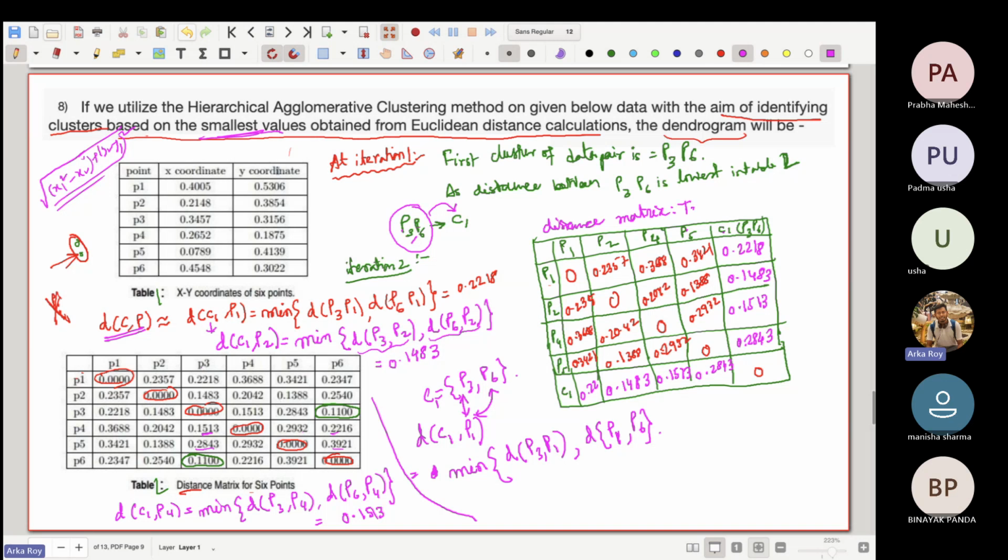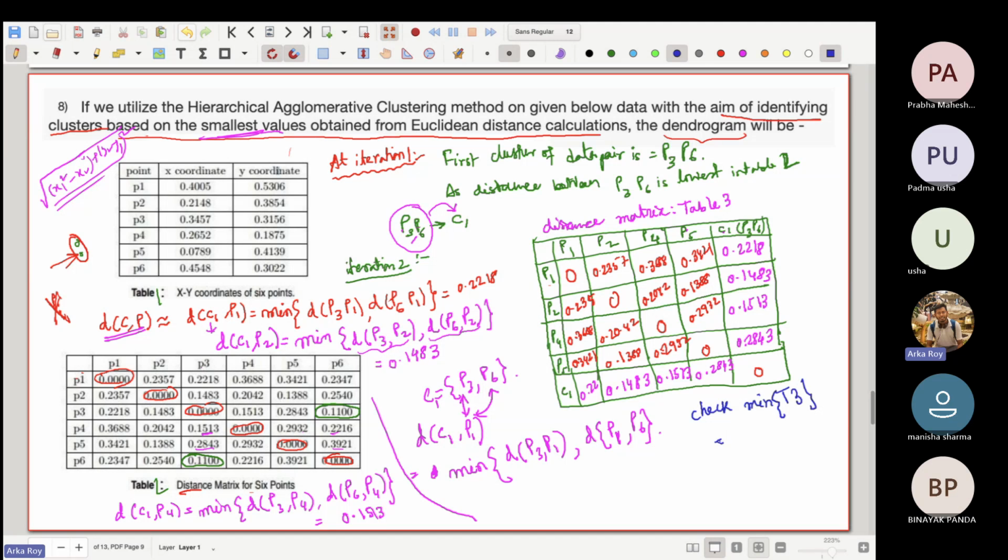which I can annotate as table number 3. Now again you have to check the minimum value in this table T3.